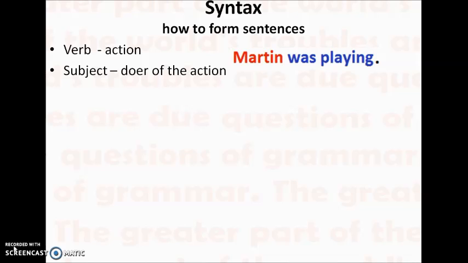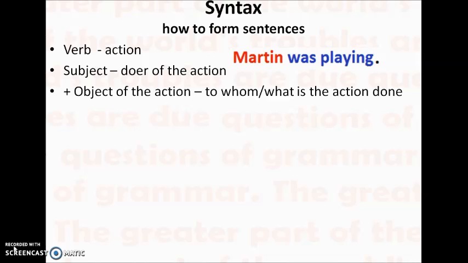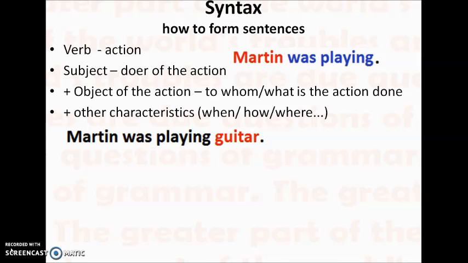Also, most sentences have an object, the word that tells us to whom or to what the action is being done. For example, Martin was playing guitar. Guitar is the object. Sentences also usually include other words which tell us when, how, where, and so on the situation happened.